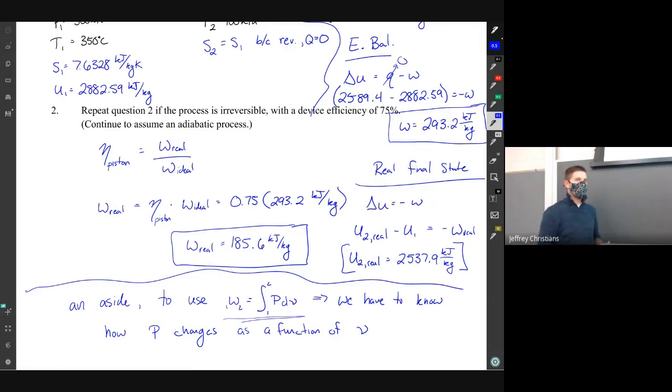That equation, though, is only applicable to ideal systems, only to reversible processes. Whereas energy balances don't matter if it's ideal, if it's real, if it's anything. If it's happening, it has to obey an energy balance. Whereas some of these more specific equations, like this one for work, it has to be reversible.